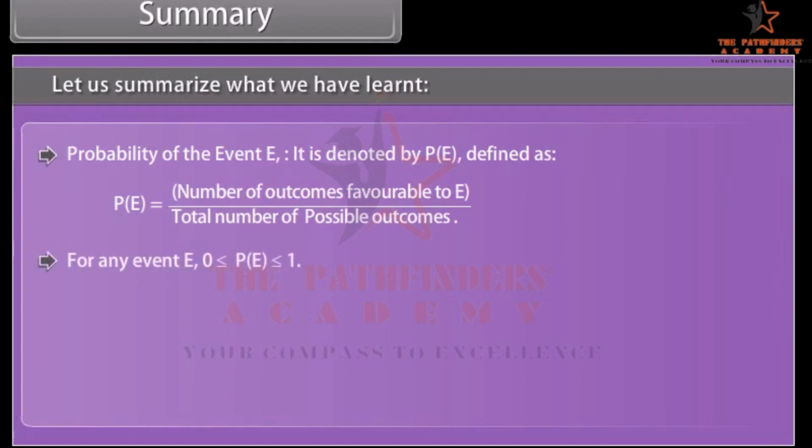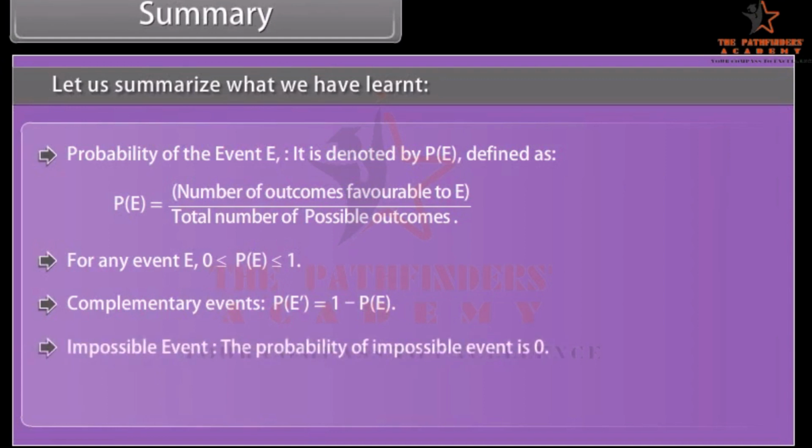For any event E, 0 is less than or equal to P(E) which is less than or equal to 1. Complementary events: probability of event not E is equal to 1 minus probability of event E. Impossible event: the probability of an impossible event is 0. Sure event: the probability of a sure event is 1.